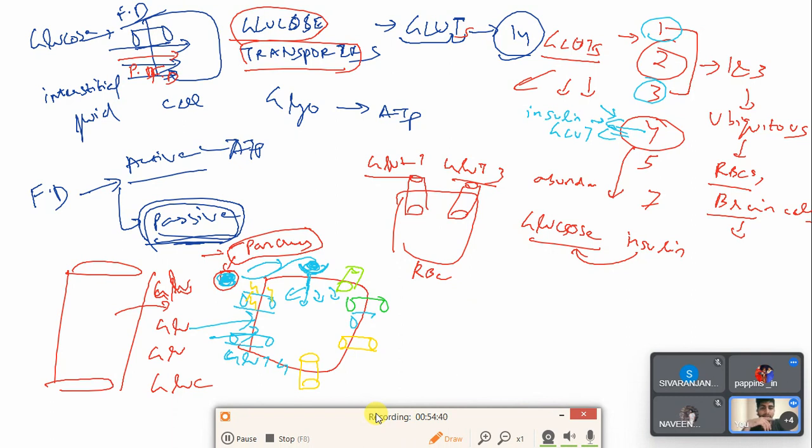Can anyone tell me the cells where glucose is stored in abundance, in a lot? Yes, these are basically hepatocytes, because it's liver. Skeletal muscle cells.